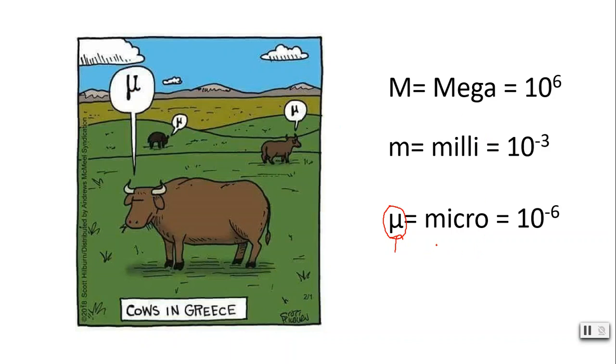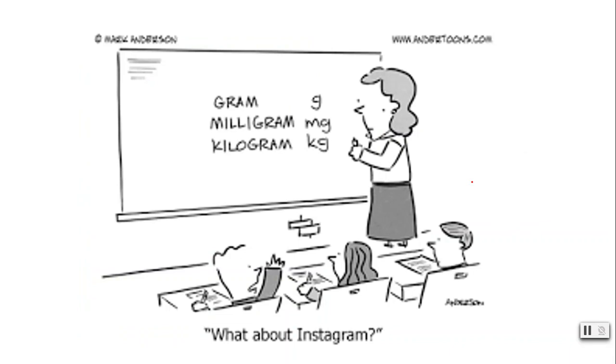So just remember that the symbol for micro is not M, that's milli. And it's not capital M, that's mega. But the symbol for micro, which is 10 to the negative 6, is mu, the U with the funny little tail on it. So there's mega, milli, micro, kilo, and so on.